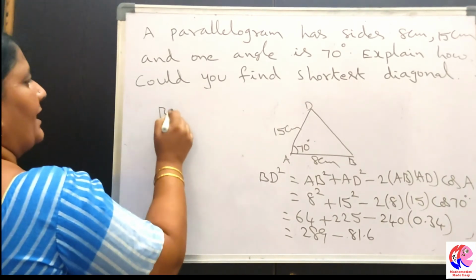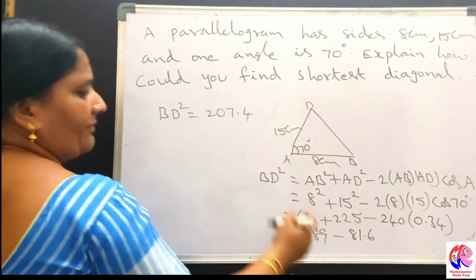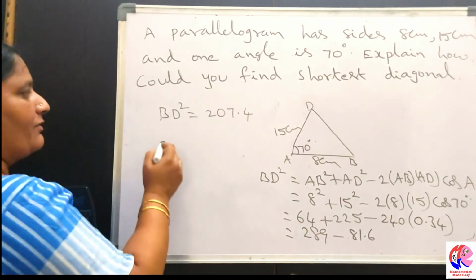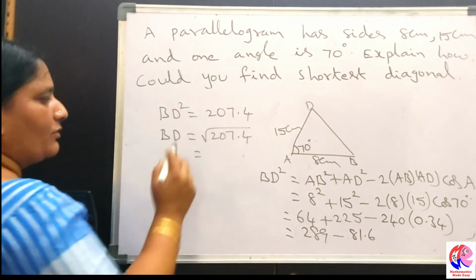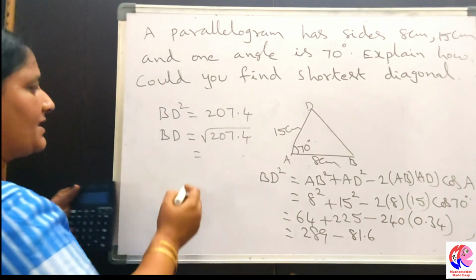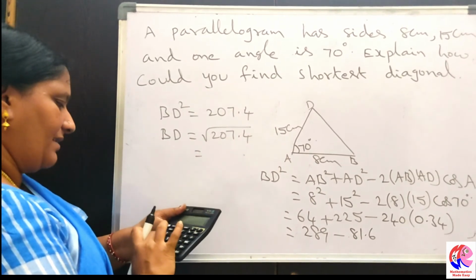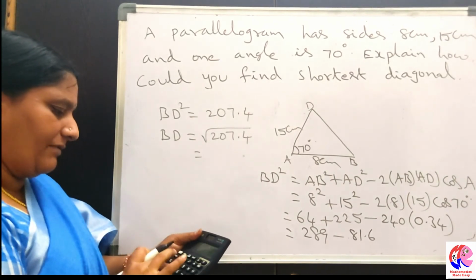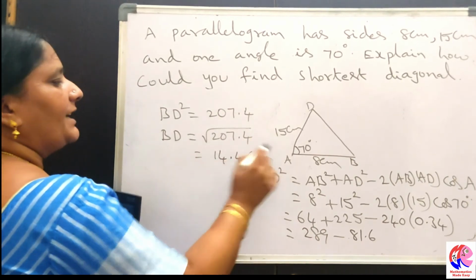So BD square is equal to 207.4. So the measure of BD is equal to root of 207.4, which is 14.4 centimeter.